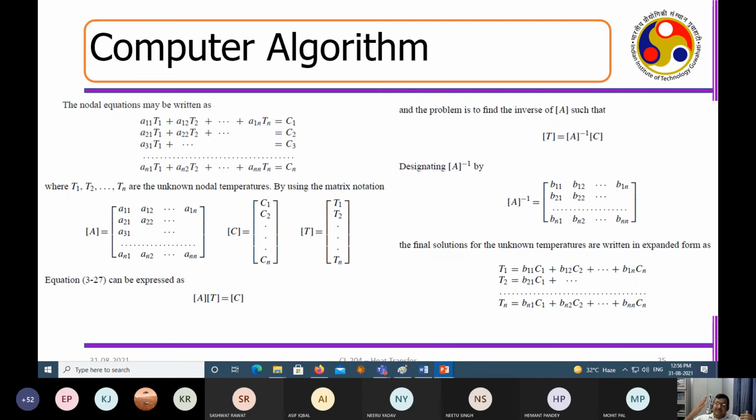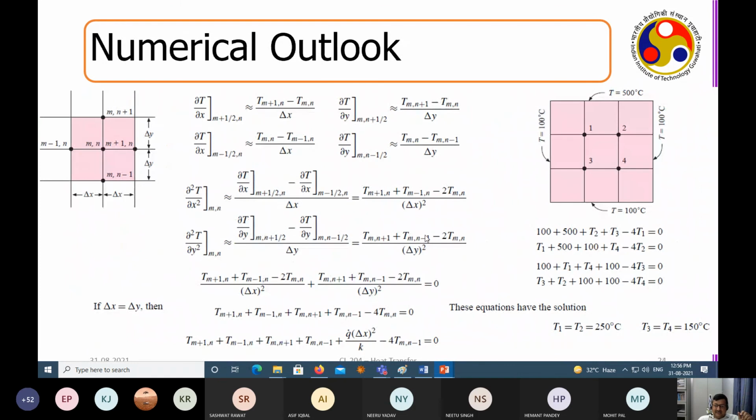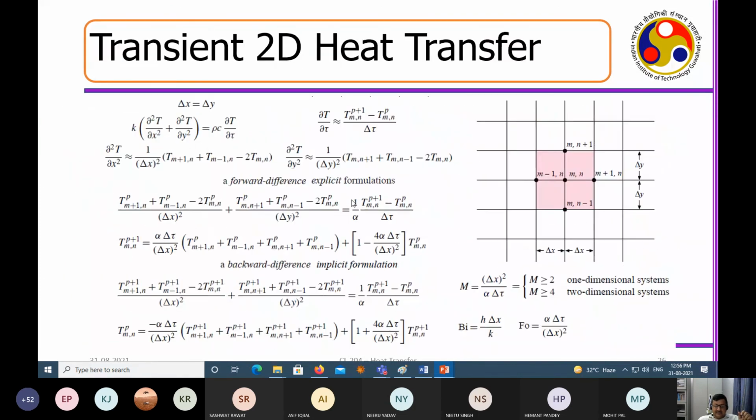But I'm not solving it only once. Suppose I am at time t equal to 0, I immediately get the solution, right? Then I want to go for 10 seconds, 20 seconds, 1 hour, 2 hours, 3 hours.